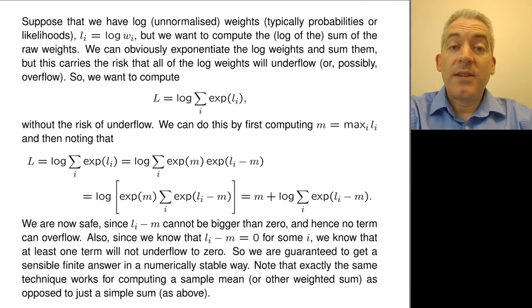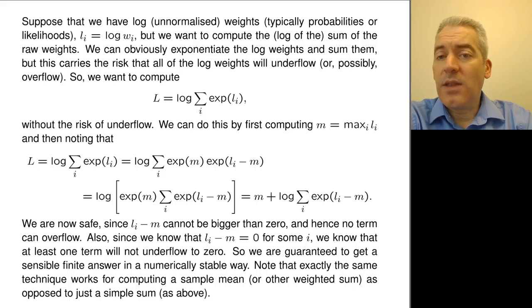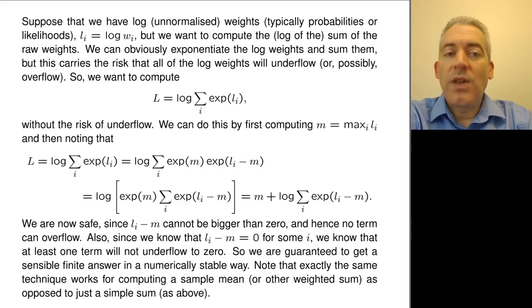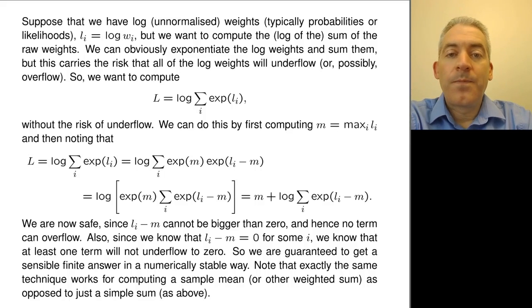So the setup is we've got a bunch of log weights that we'll call l, to emphasize that they are the log of some raw weights w. We store and work with the l's. The l's are fine, there's no problem with those. We know they represent the log of some raw weight, but we also know that the raw weights could get very big or, more likely, very small.